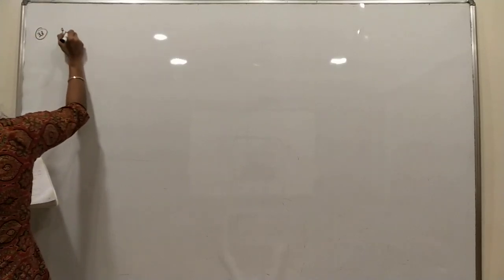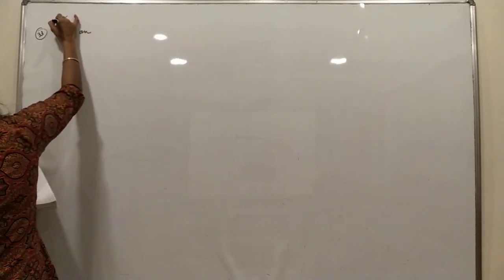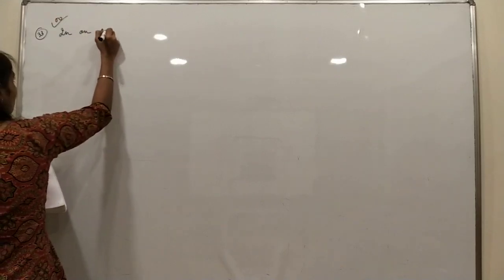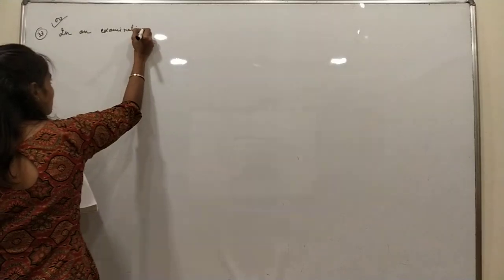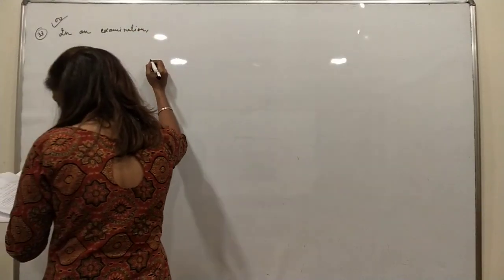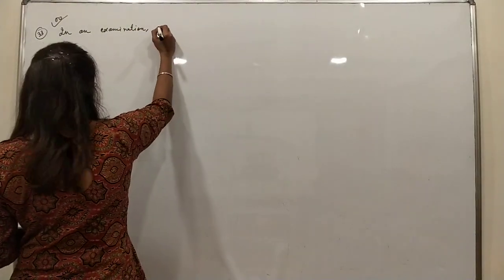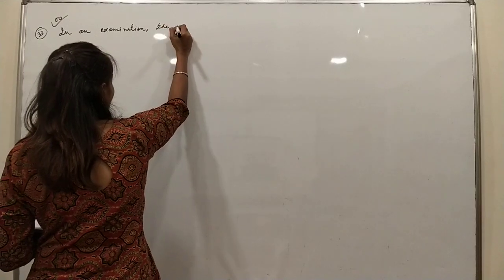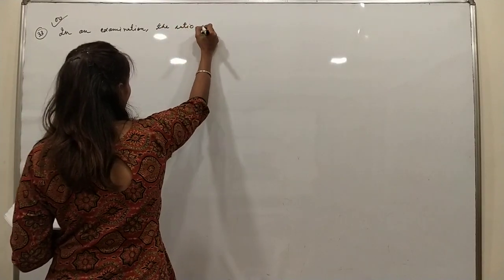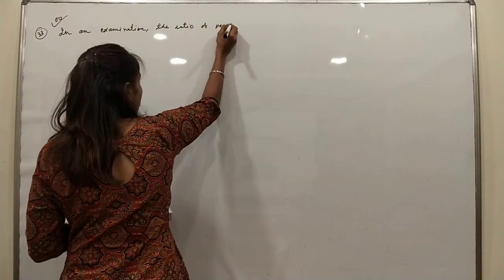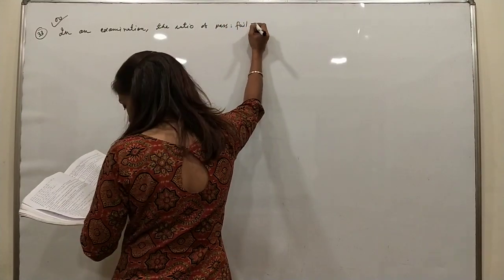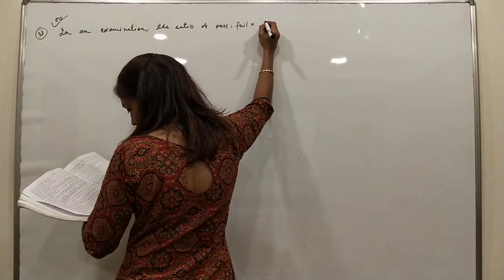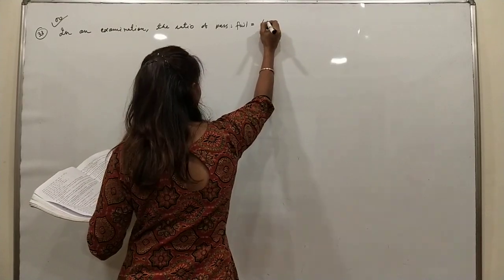In an examination, the ratio of passes to fail is 4:1.